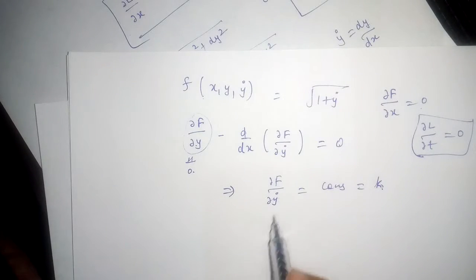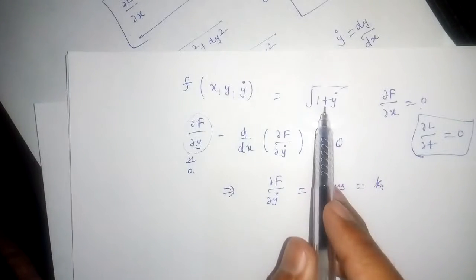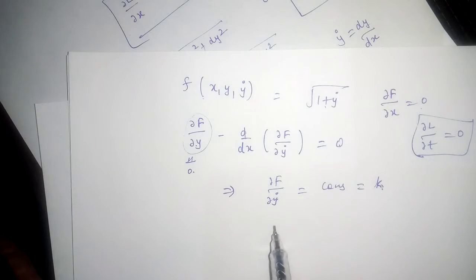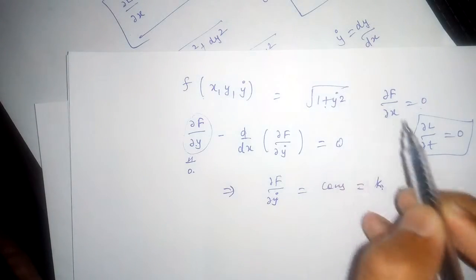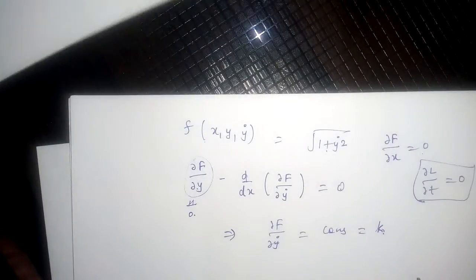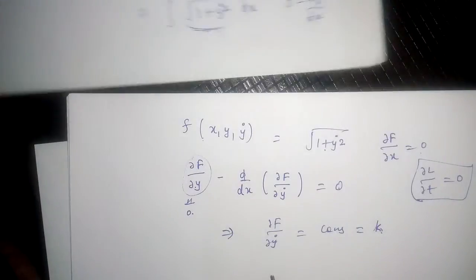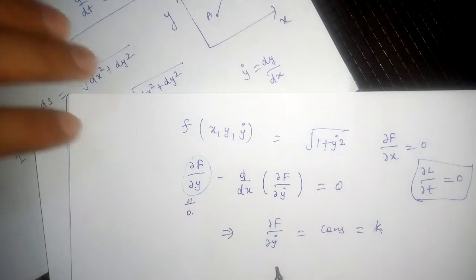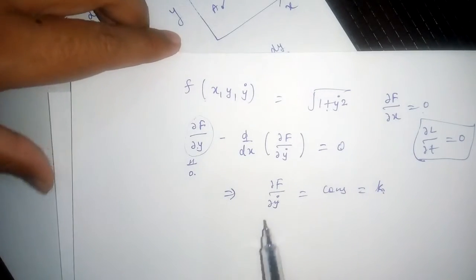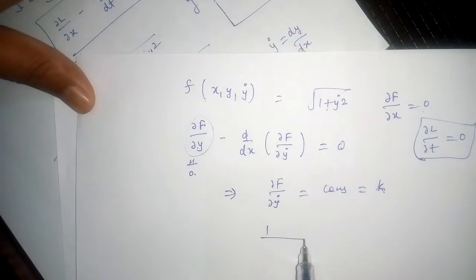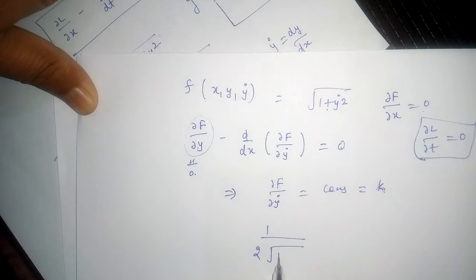Differentiating with respect to y dot, we get 1 upon 2 root of 1 plus y dot square, times 2y dot, equals k.